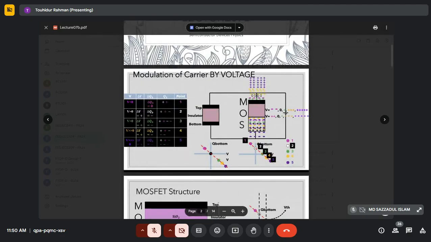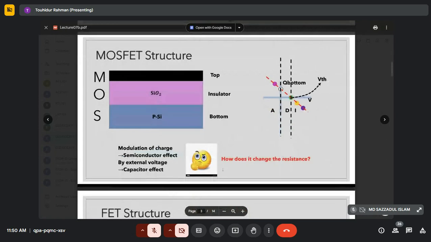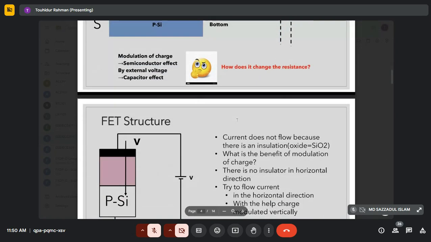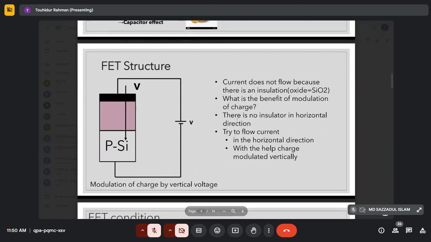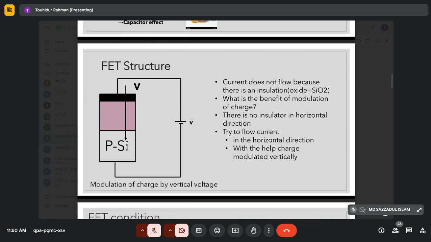Again, this slide is very important. This one would be about the threshold voltage. Now, for the FET structure, why can't we have a vertical current? Why is the vertical current zero?